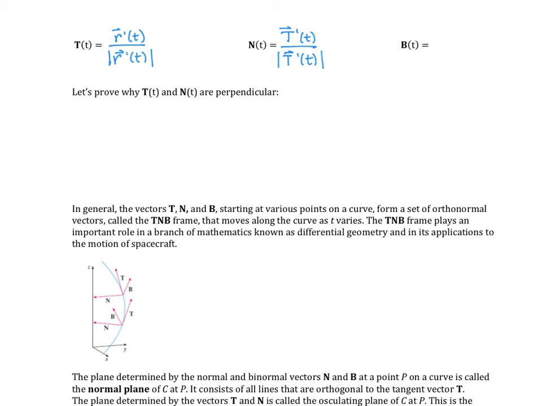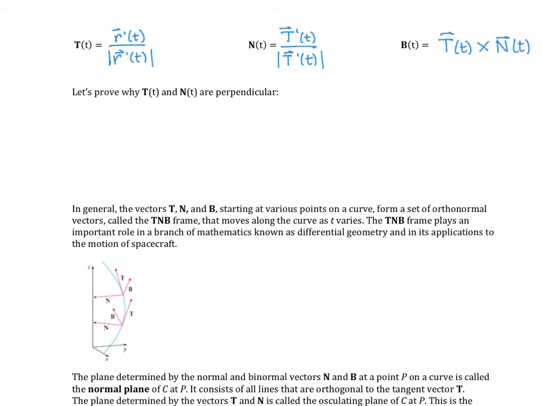If I need to be perpendicular to both, think back to what operation we can do with our vectors to find something perpendicular to both. If you said cross products, you would be right. If I take the cross product of vector t with the vector n, that will give me my binormal vector.